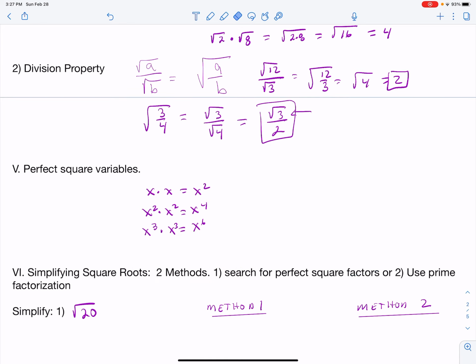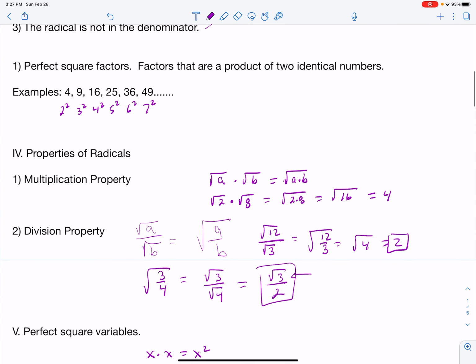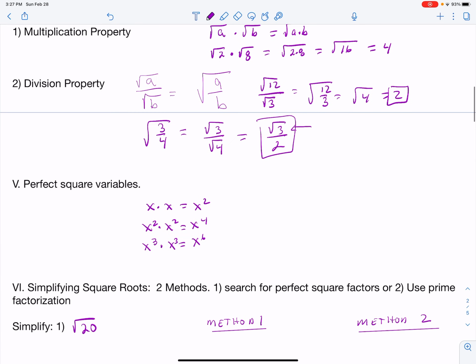But we talked about perfect square factors up here, 4, 9, 16. What happens if we have variables? Well, you guys know the laws of exponents, and you know that if we have x times x, we get x squared because we add the exponents. And x squared times x squared is x to the fourth. And x to the third times x to the third would be 3 plus 3, which is 6.